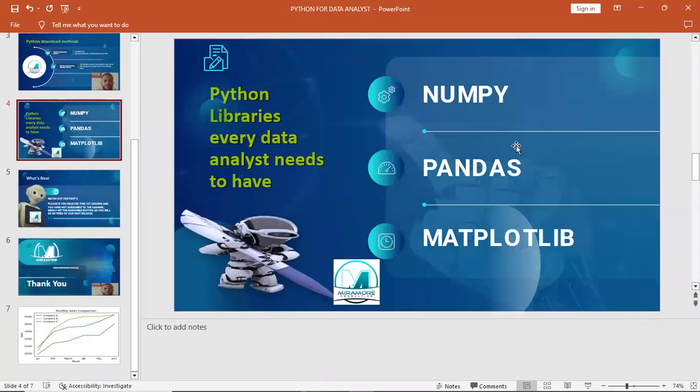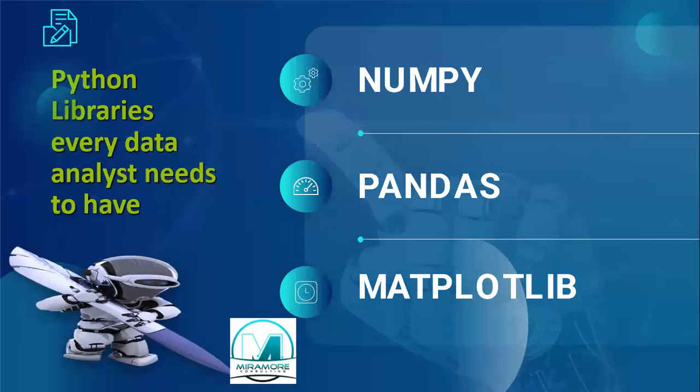Then the next one we have here is what we call pandas. Pandas is also a very important one that as a data analyst you need to know how to use, because it is a Python library used for working with data sets. For example, pandas is used for data cleaning and analysis.